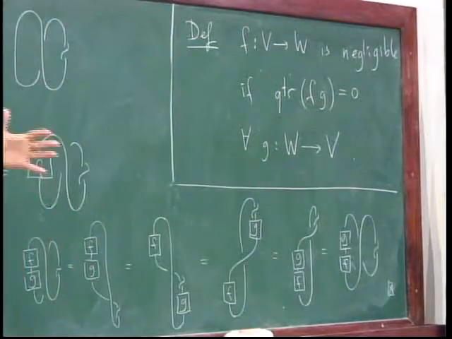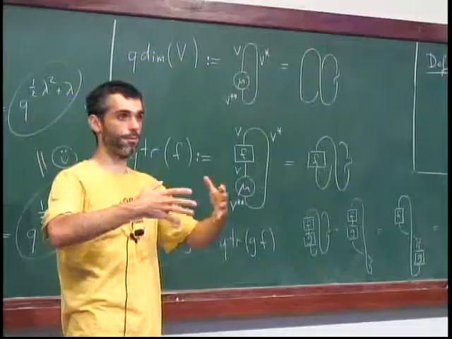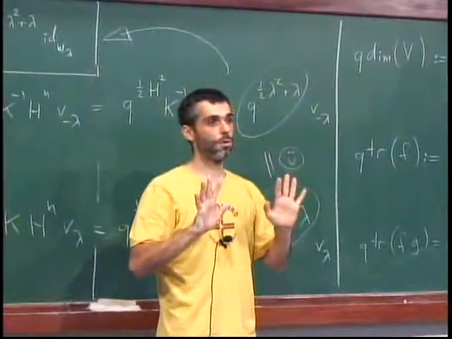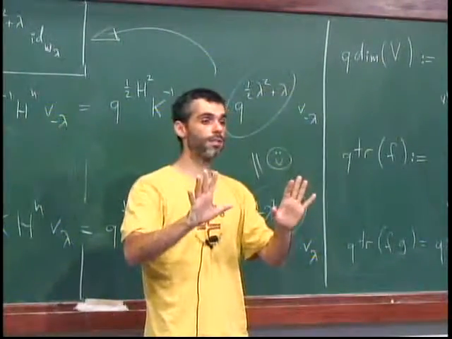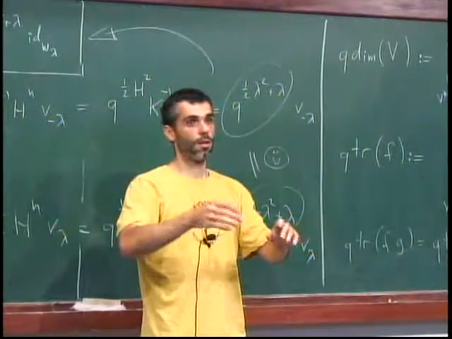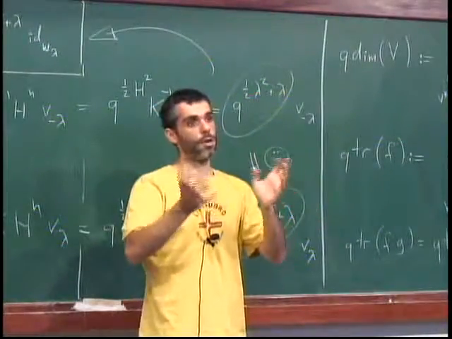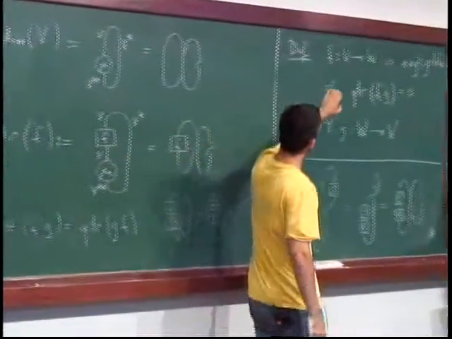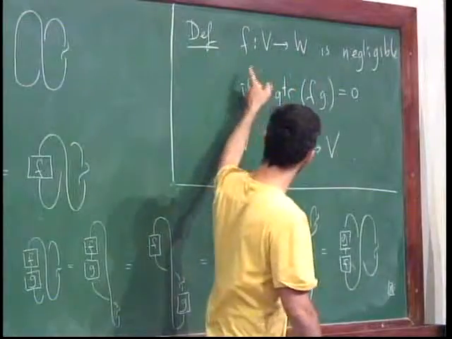We want to make a smaller category that is semisimple and has finitely many kinds of irreducible objects. The way to do it is to keep the same objects, keep the same representations, and mod out the Hom spaces. Hom from V to W, and now I need a new notion of Hom space. And what I'm going to mod out are the negligible modules, and the negligible morphisms.